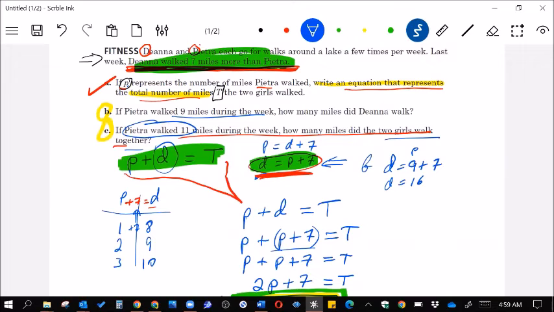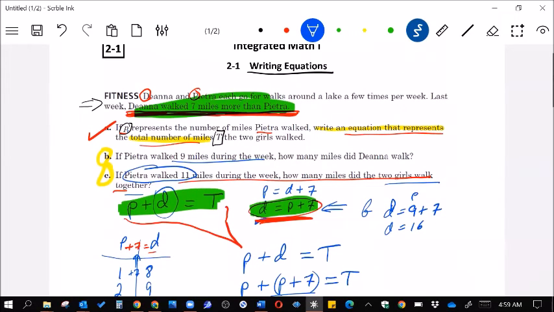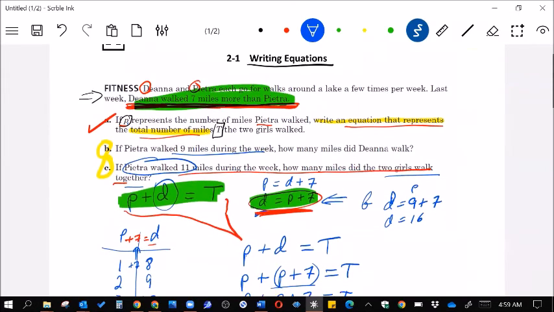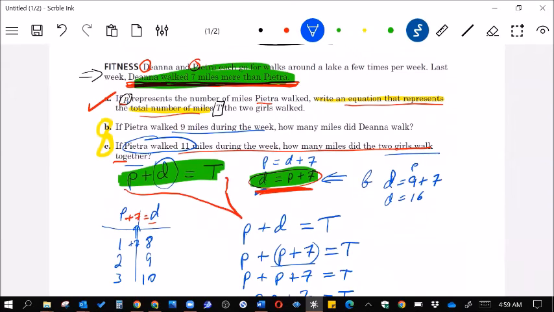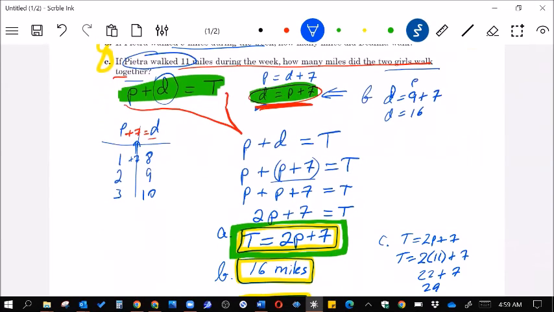Another foundational part of this, though it's not worded in here, is setting it up so that one of the variables can be written in terms of the other variable. That's what we did here. We found a way to rewrite one of the variables using only the other variable and maybe some numbers, so that we could end up replacing it.